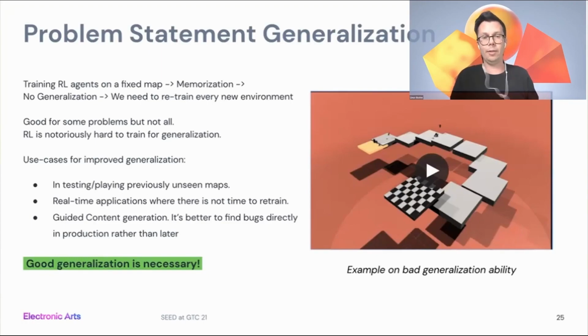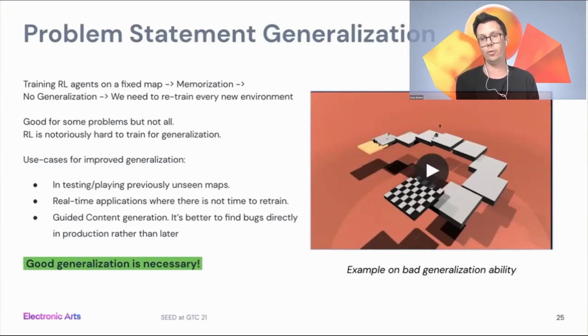So the use cases for us are a little bit obvious. For example, testing and playing of previously unseen maps, which happens a lot because that's what we do in game development. We change a lot in the environment. But it's also interesting for real-time applications where there's no time to retrain. So, for example, human-created assets.